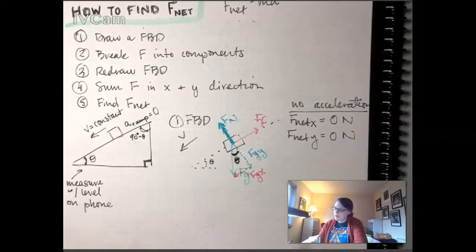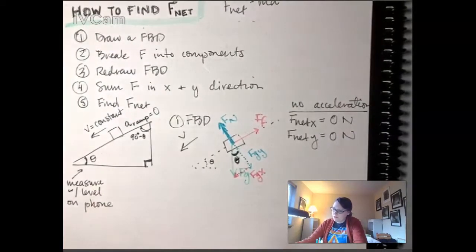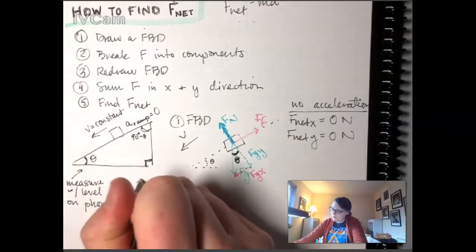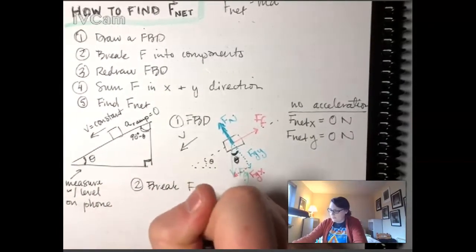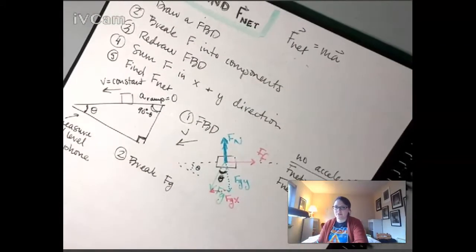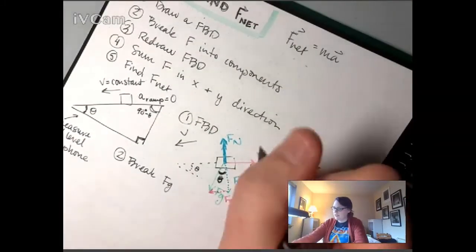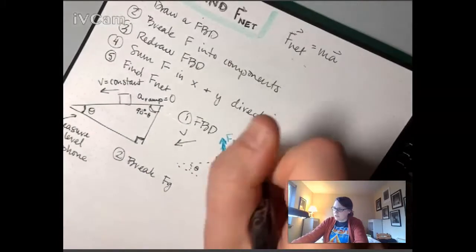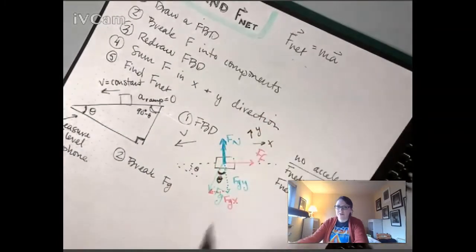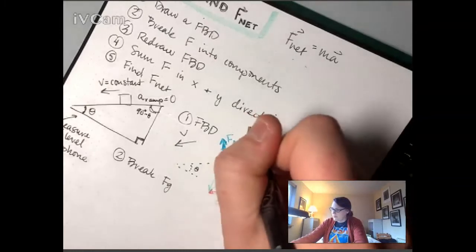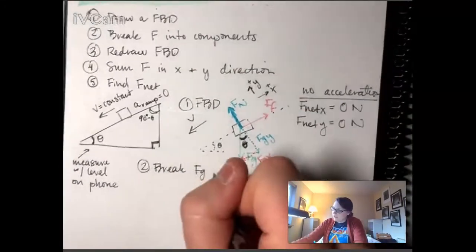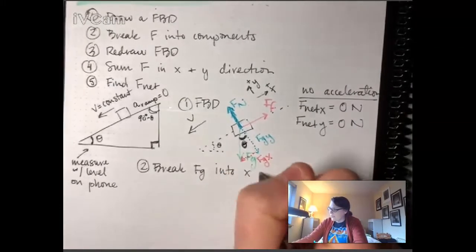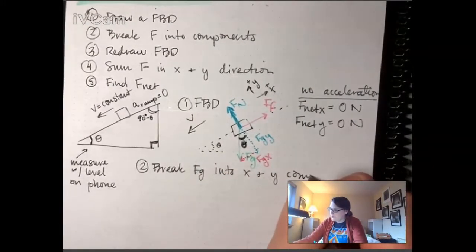Okay, so I'm going to break into components. And in this case, we just have to break the force of gravity because I'm turning my scenario, right? I'm saying that this is the x direction, and this is the y direction. And I'll also say, make it easy, these are positive in those directions. Okay. All right, x and y components.